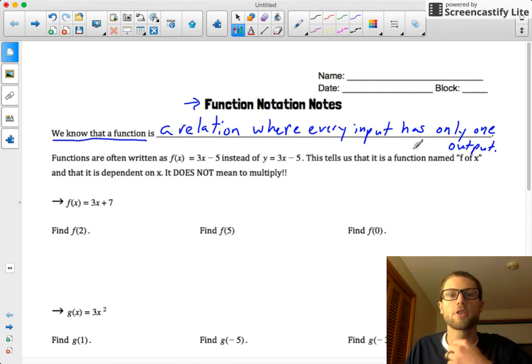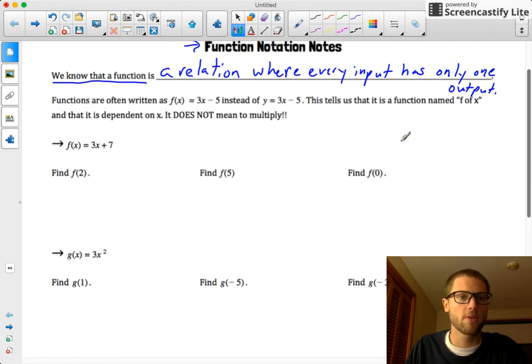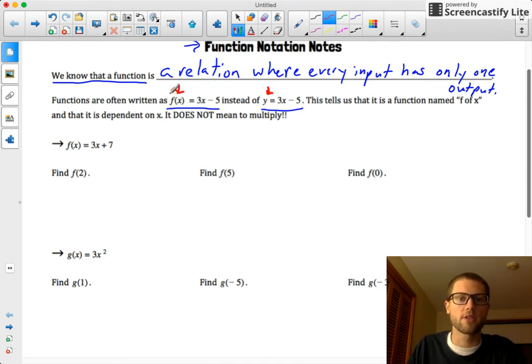So when we talk about function notation, that's all it is. It's a notation that shows that we are dealing with a function. So sometimes we see functions written as this instead of this. And really the only difference here is the y and then this funky new symbol here. This funky symbol we would pronounce f of x.